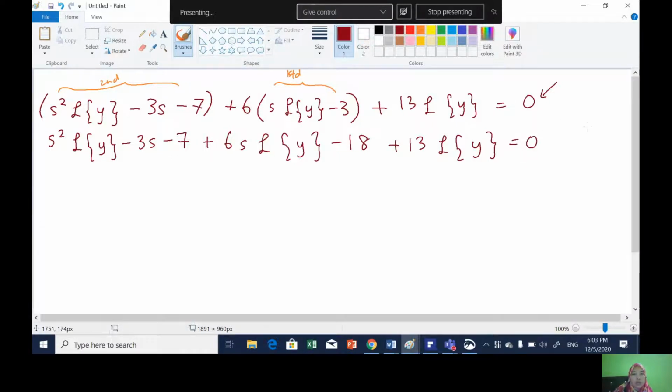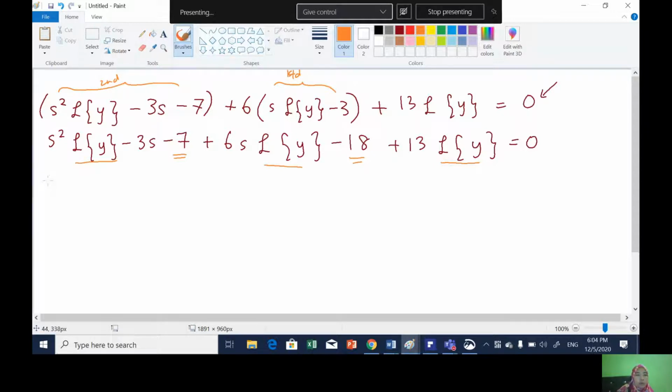Next we look at the part that we can simplify here. The terms containing L{y}, we allocate on one side. The ones with constants, we combine them. So negative 7 minus 18 we can simplify to negative 25.